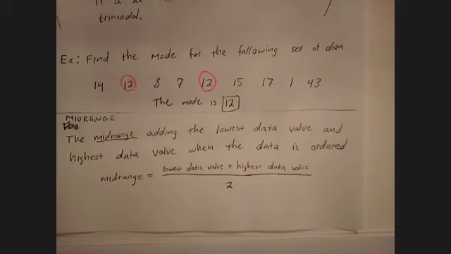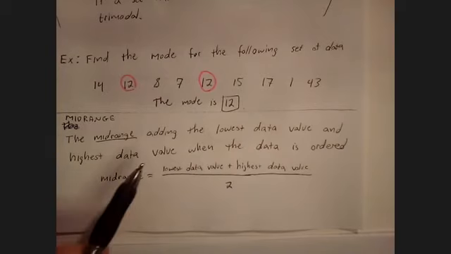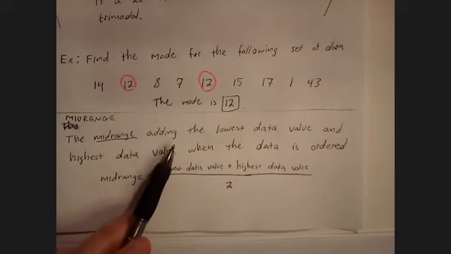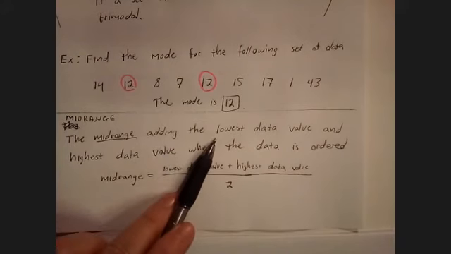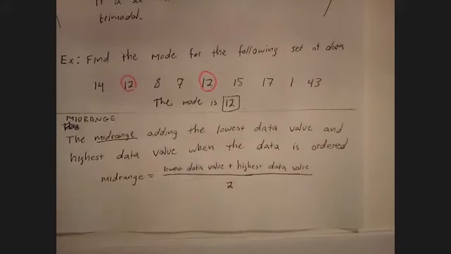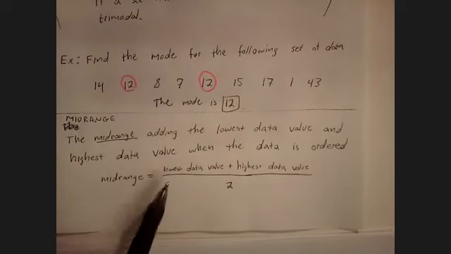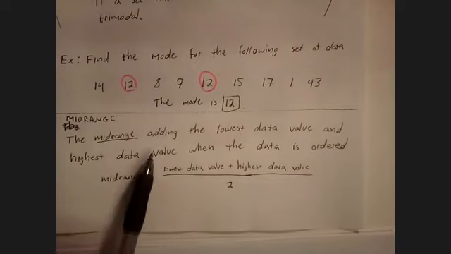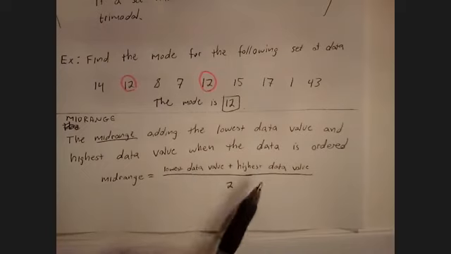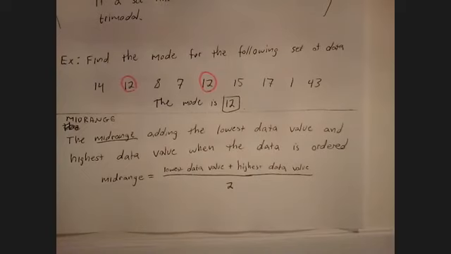So I'm going to do that in the next video because they take some time. But the mid-range is nothing more than taking a set of data in order, lowest to highest. The mid-range is just taking the lowest data value, the highest, and adding up.